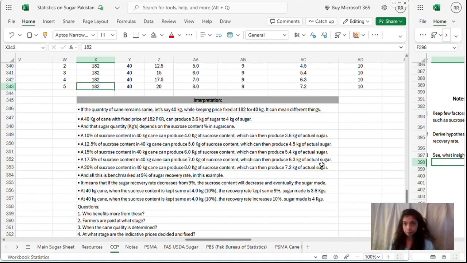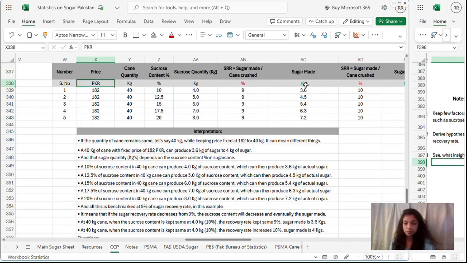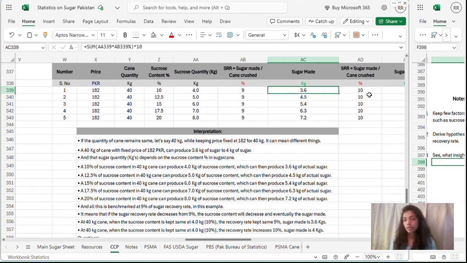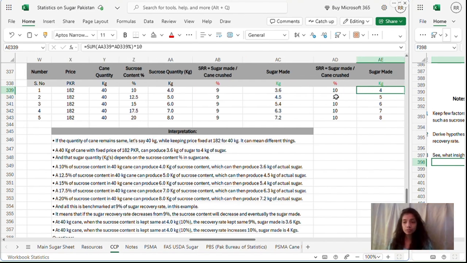So at 10% sucrose content, it is producing 3.6 kgs of sugar at 9% sugar recovery rate, and at 10% sugar recovery rate, it is making 4 kgs of sugar.